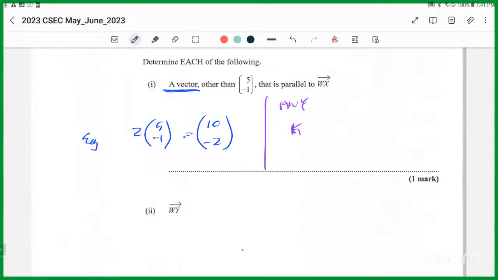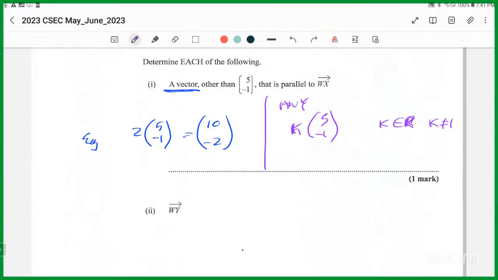Any constant times 5, negative 1. You know, the constant is any real number, but not including one, and not including zero either.